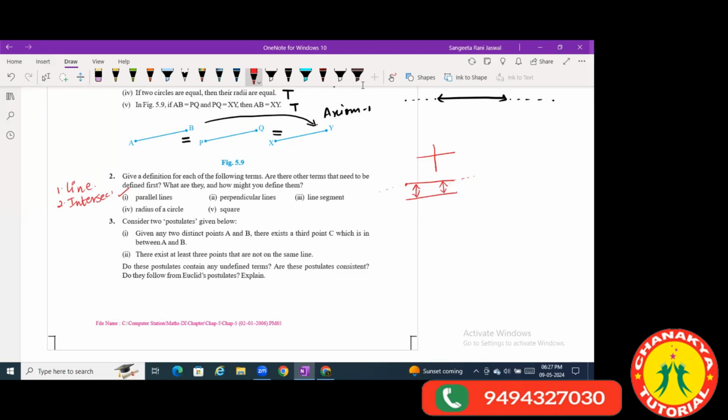Now, defining parallel lines: you can write down, parallel lines are a set of two lines where the distance between them is equal throughout. Can you repeat? Yes. Parallel lines are a set of two lines where the distance between them is equal throughout.